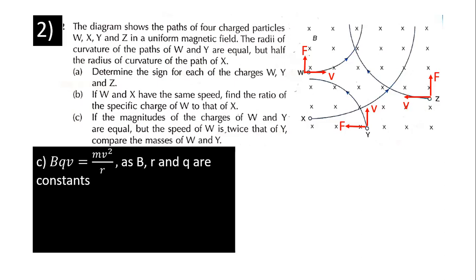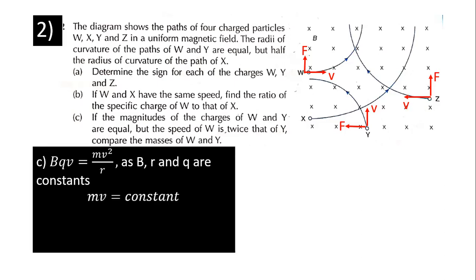See, the formula, that's all. You want mass now? Know what is constant? Get rid of your constant. B, R, and Q are constant. Different speed, that's all. The field never changes. The charge never changes.